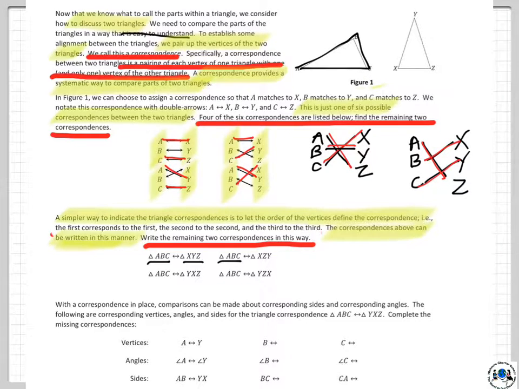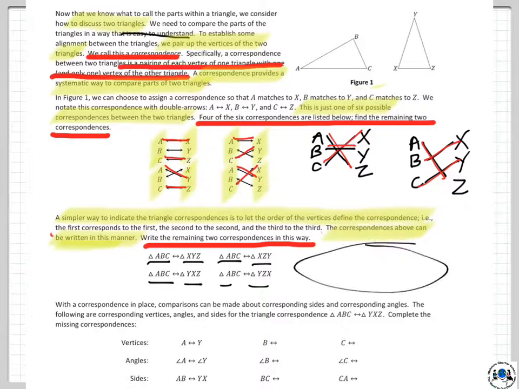Again, you're watching the direction I'm going. Corresponds to triangle XZY. So I start here, here, here. Or we could say ABC to YXZ, and on, and the next. Okay, so there are two more. Would you go ahead and write those over here?